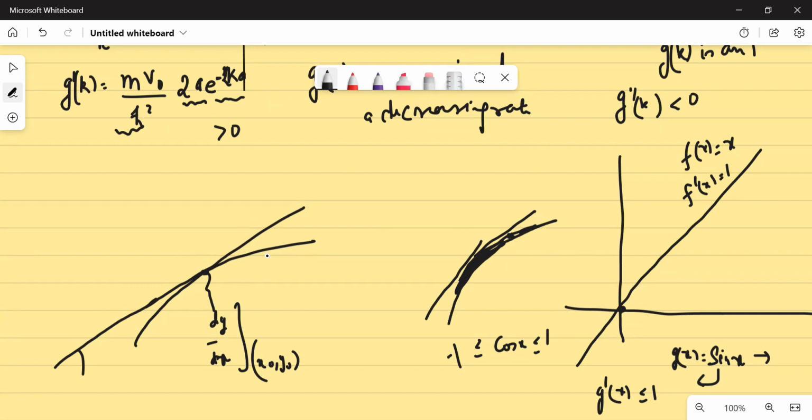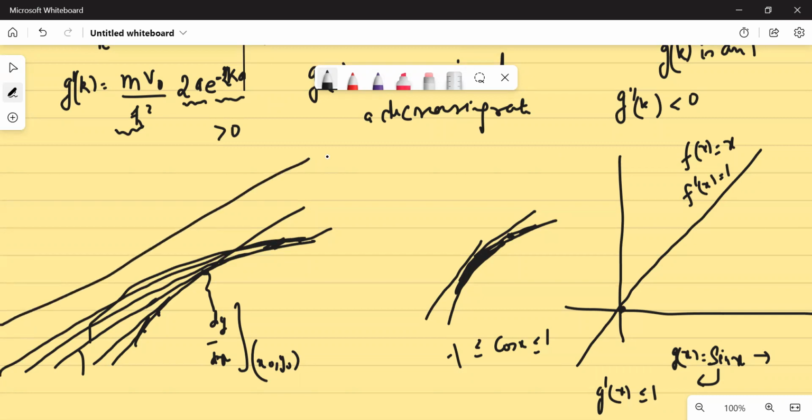Again, to help you understand, let's say this is your curve. At each point, if you draw the tangent, and the slope of all these tangents is less than 1, then obviously this line, f(x) equal to x, will lie above, because the slope of this line is 1 and the slope of all these tangents is less than 1, so this graph will lie below.